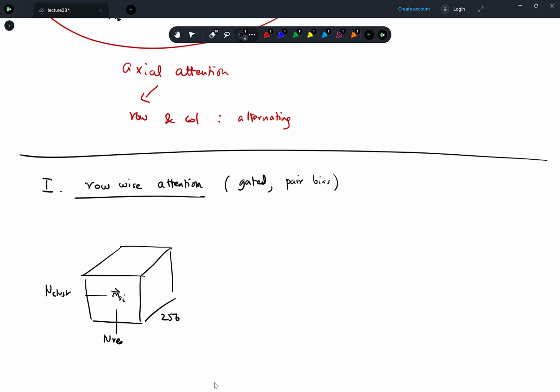The term is a little bit confusing, because when I say row-wise, what I mean is: pick a sequence and then do attention over the positions. So you could argue, why is it being called row-wise? I think there's a little bit of confusing terminology, but I see why they did it, because it's actually the rows of the tensor.